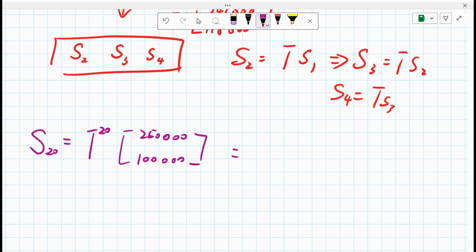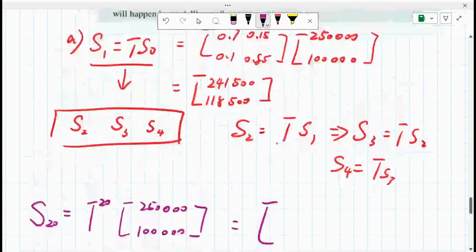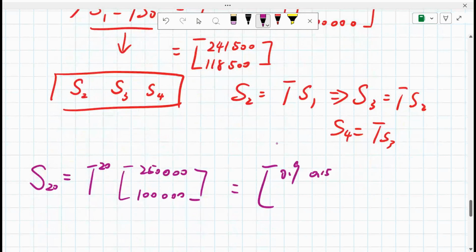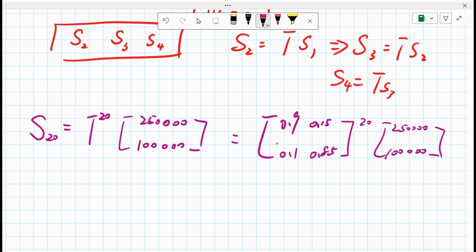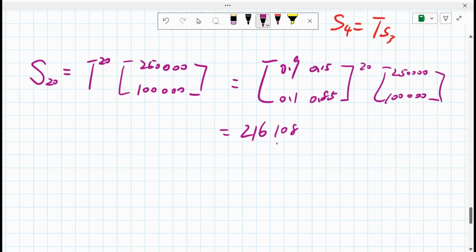T20 is 0.9, 0.15, 0.1, 0.85 to the power 20, times 250,000 and 100,000. After that, we find the Geelong population after 20 years is around 216,000 people and 108,000. I want you guys to figure out S30 and S40.